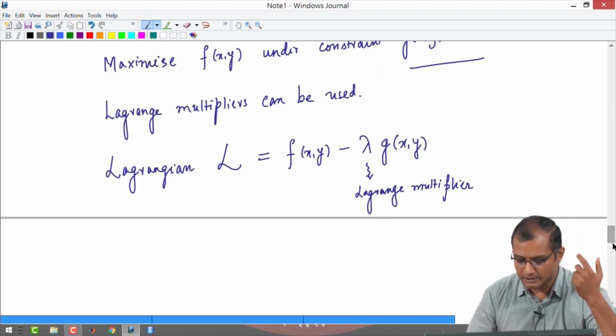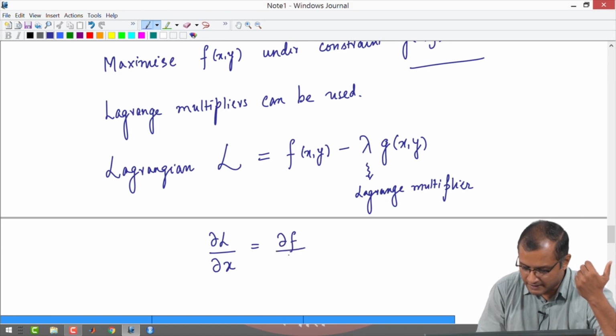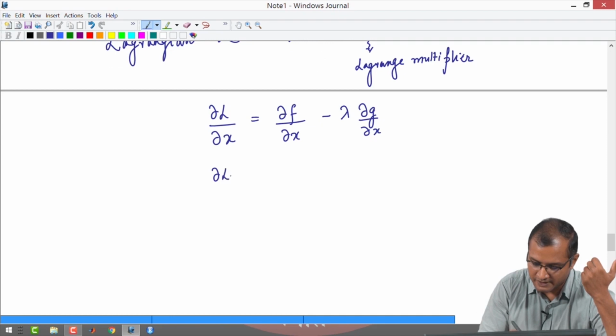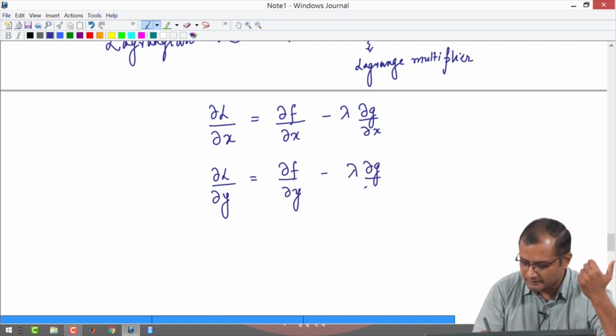Okay. I will take one very cute example. So, since L is extremized, I am going to take derivative with respect to x, and this will be del f by del x minus lambda times del g by del x, and I am going to take derivative of L with respect to y and get del f by del y minus lambda times del g by del y.